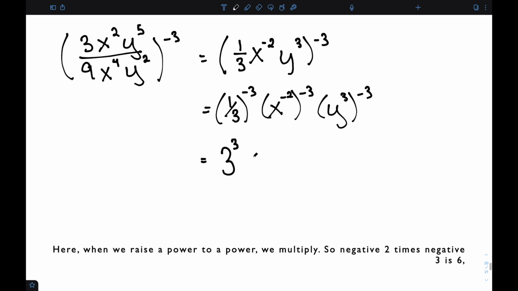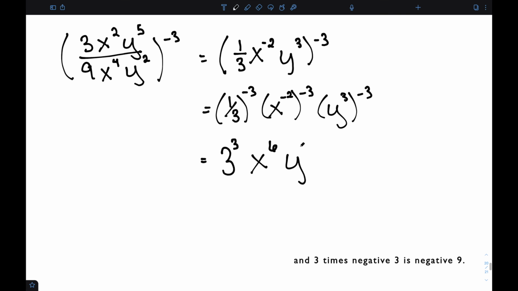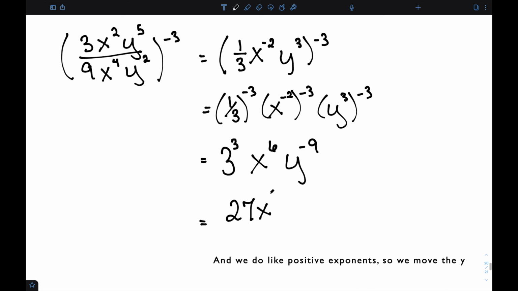Here, when we raise a power to a power, we multiply. So negative 2 times negative 3 is 6, and 3 times negative 3 is negative 9. 3 cubed is 27, and we do like positive exponents, so we move the y to the 9th to the bottom to deal with that negative exponent.